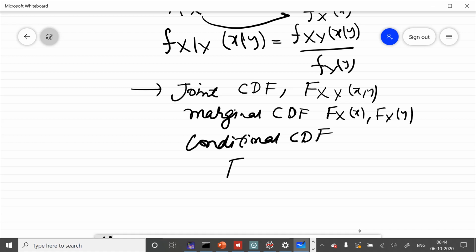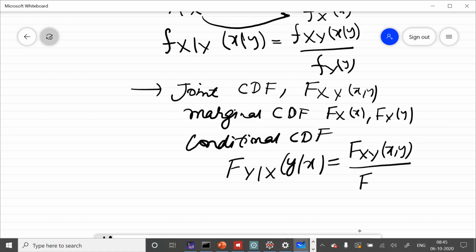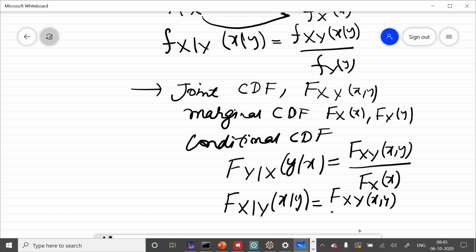That is F of y given x is F_XY divided by F_X of x, and F of x given y is F_XY divided by F_Y of y.